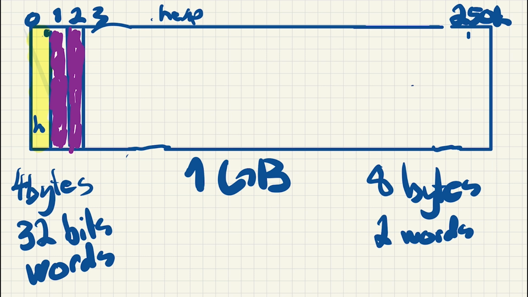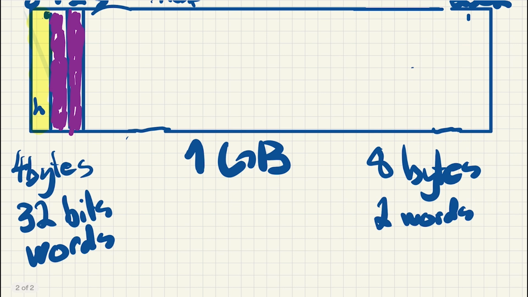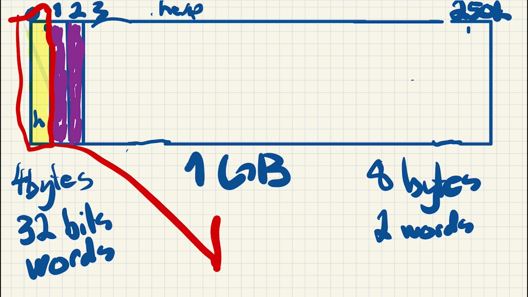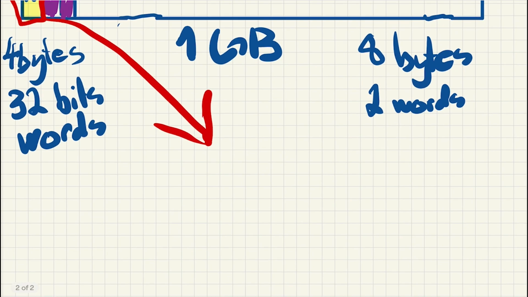All right. So let's start by defining how this header should look. This header is 4 bytes. Let's do an arrow down here.